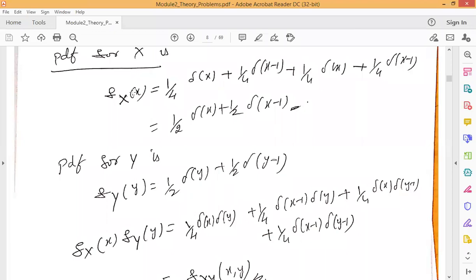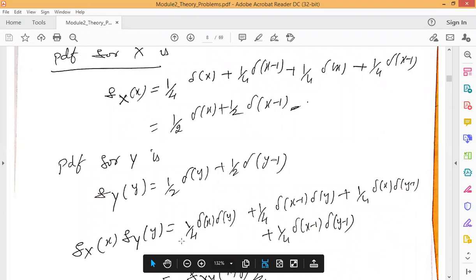Now if you take the product of these two marginal PDFs, f_X of x into f_Y of y, we can go for checking the independence. So f_X of x into f_Y of y can be written as 1 by 2 into 1 by 2, which is 1 by 4 delta of x into delta of y. That is the first term.